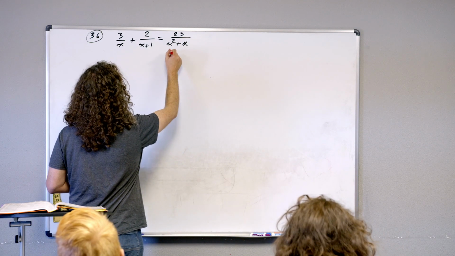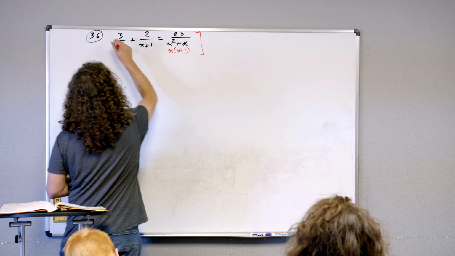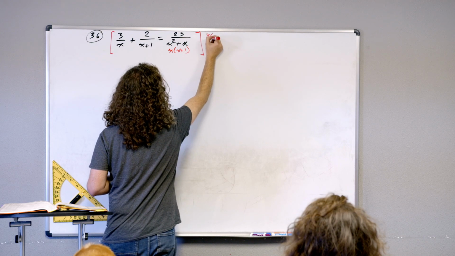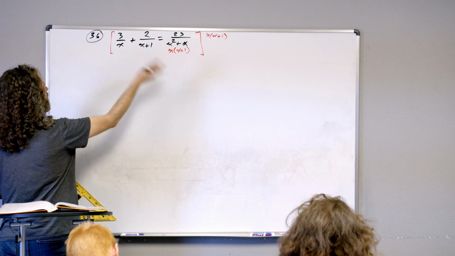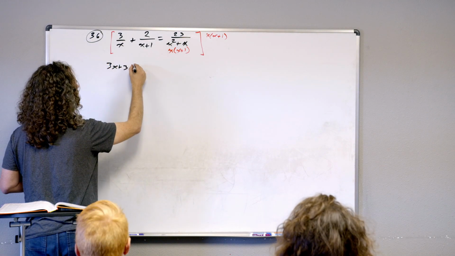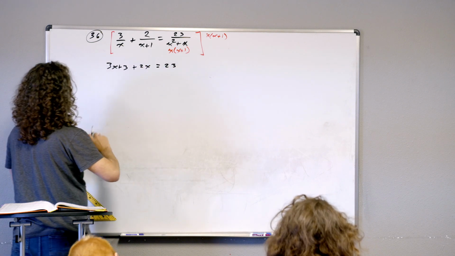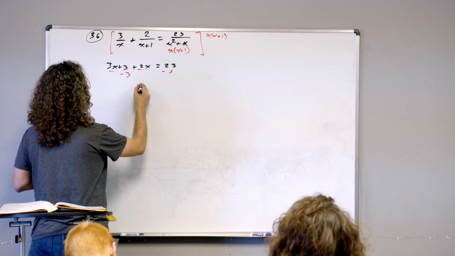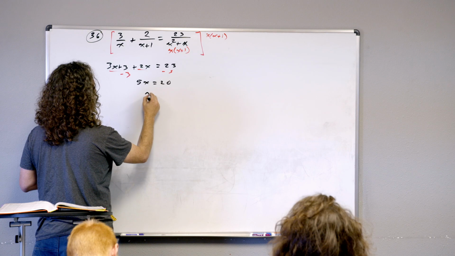So the LCD is x times x plus 1. The first one, when we go over, would be 3x plus 3. The second one would be 2x. And the last one would just be 23. Find like terms, subtract 3. We've got 5x equals 20, and our answer is 4.